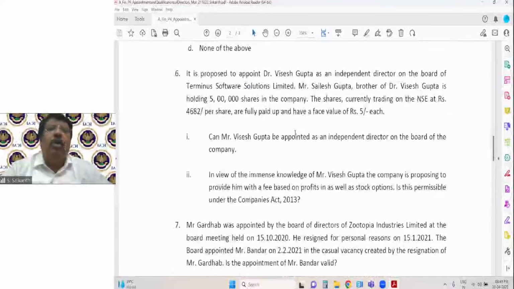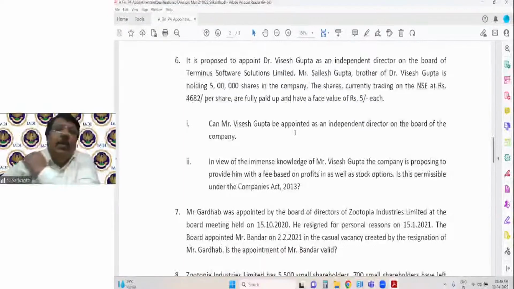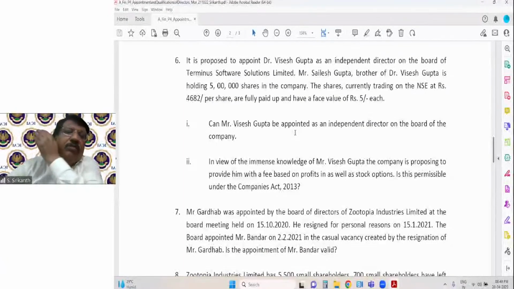It is proposed to appoint Dr. Vishesh Gupta as an independent director on the board of Terminus Software Solutions Limited. Mr. Sailesh Gupta, brother of Dr. Vishesh Gupta, is holding 5 lakh shares in the company. The shares are currently trading on the NSE at 4,682 per share, are fully paid up and have a face value of rupees 5 each.